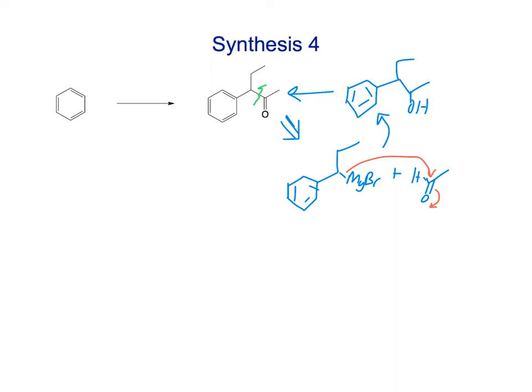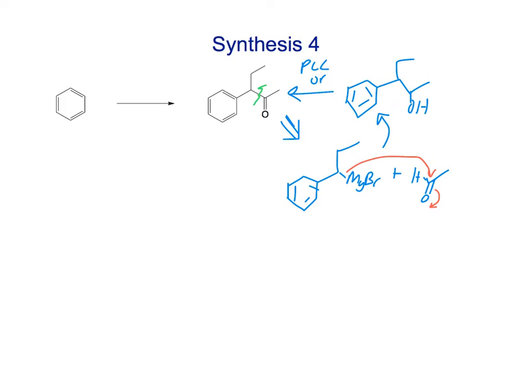Right, we just need to oxidize it. So we can use something like PCC, or well, chromic acid might be too strong. Chromic acid, like potassium permanganate, can also oxidize it off at the benzylic position.